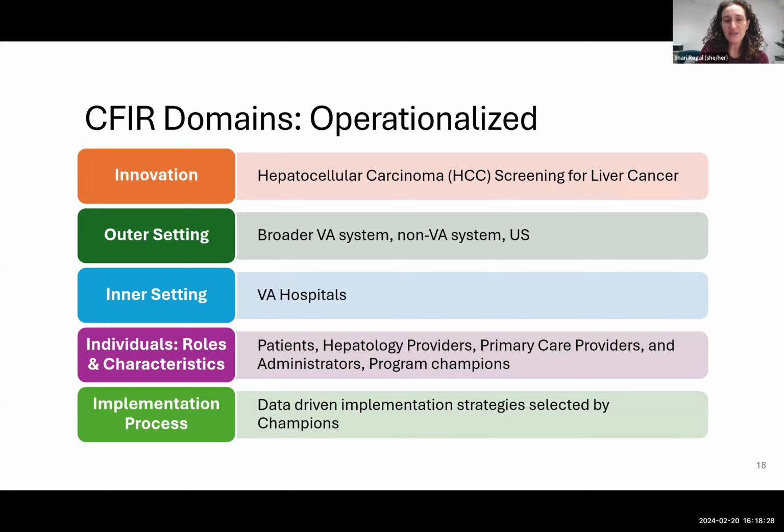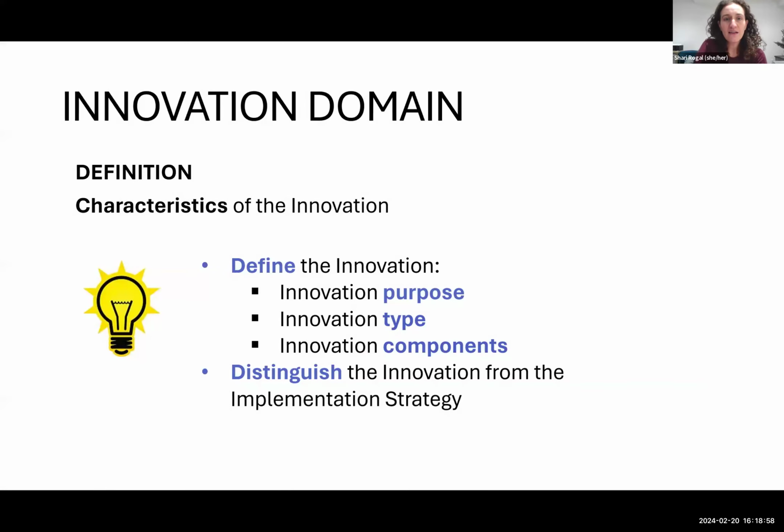And then we considered the outer setting to be the broader VA, the non-VA medical system in the US at large. And again, you see there's layers, and we'll get to that. We're going to talk about that again in a minute. And then all of the people involved, so patients, providers, administrators, program champions. And then the implementation process that was used was data-driven implementation strategies that were selected by site champions to improve HCC surveillance or screening.